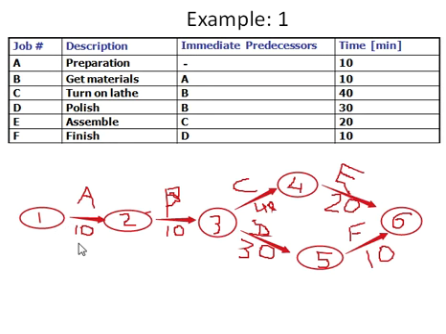Since this was a very simple example, we have only two possible ways to complete this network. In a larger network we may have many possibilities. Out of those we have to find the longest path, and that is termed the critical path. In short, the critical path gives you the minimum time required to complete the project.